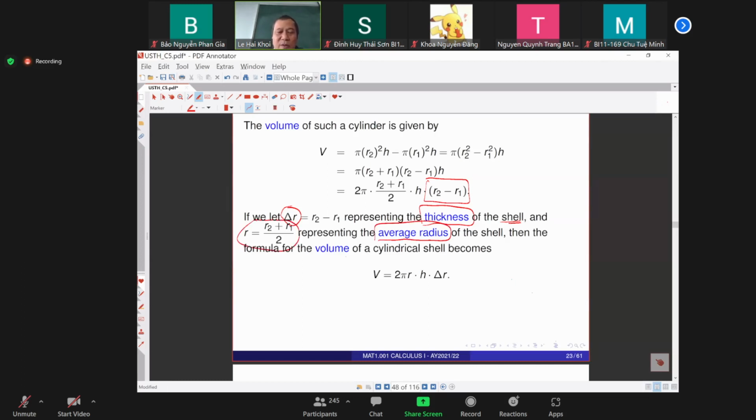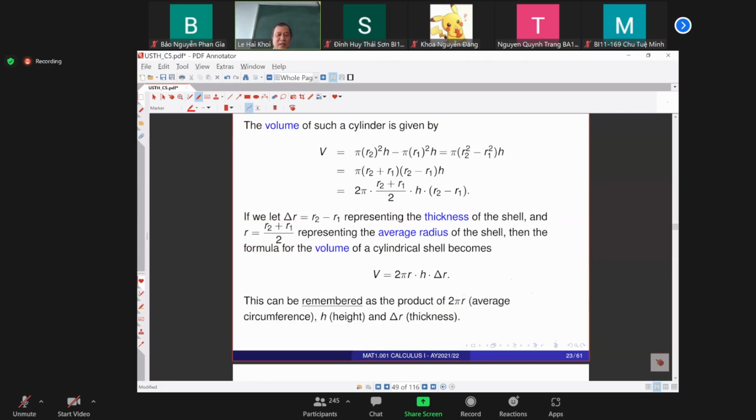So in this case, we can write V is 2 pi R multiplied by h multiplied by delta R. Where you see what is that? Đây chính là chu vi.